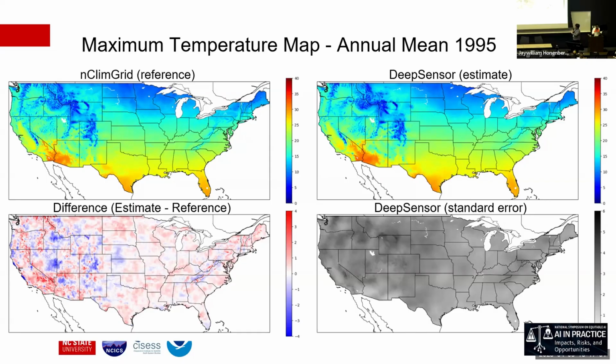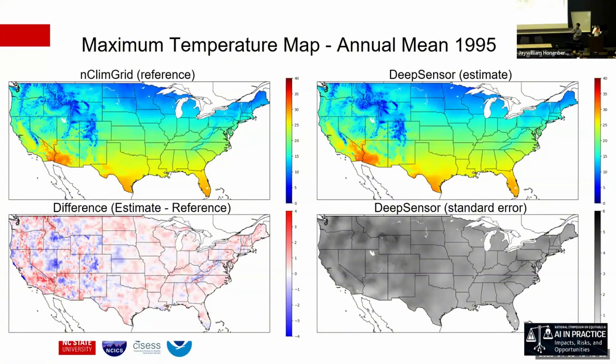But when you relate that to the uncertainty or standard error of the DeepSensor model outputs, the larger differences are usually in regions with really high diversity of terrain, the mountain regions, for example the Rockies as well as the Sierra Nevada on the west side, but also the Great Smoky area in North Carolina and Virginia. That's where you see higher uncertainty in the bottom right figure in terms of spatial distribution.